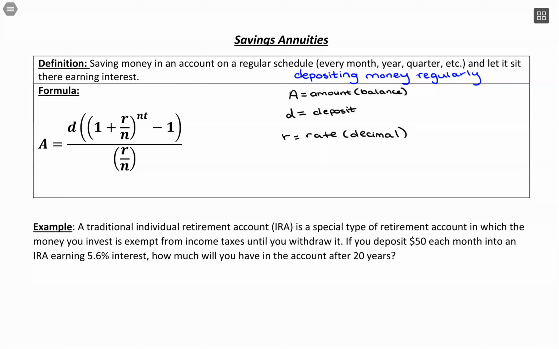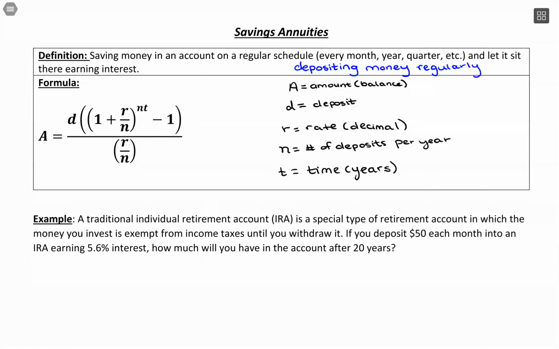N is the number of times that we deposit per year. And T is the amount of time that's passed, typically the number of years. Let's look at some examples, and I'll show you how to plug into the calculator as well.